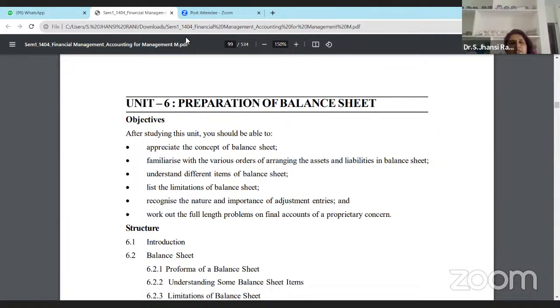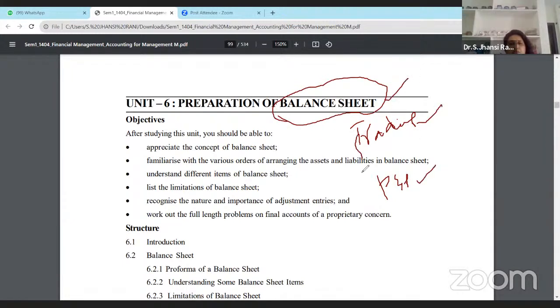So final accounts include three things: trading account, profit and loss account, and balance sheet. These two things we have seen just now. Now let us try to understand the balance sheet.